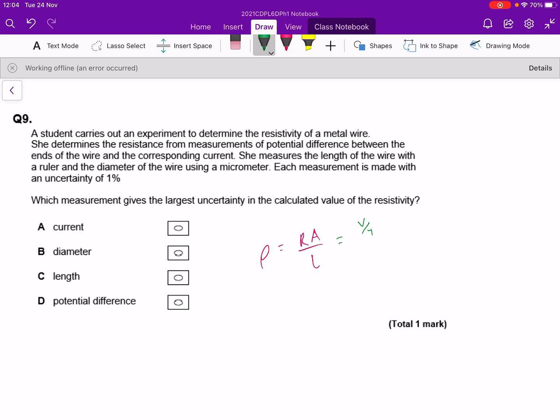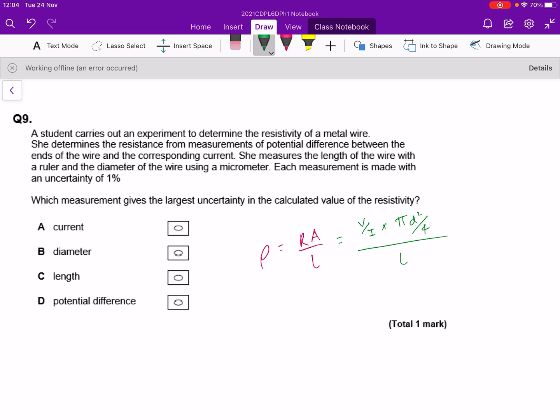So this is going to be V over I. This is going to be pi d squared over 4, and this is going to be L. So if you look at all of those things, the voltage appears once, the current appears once, the length appears once, but the diameter of the wire is squared.